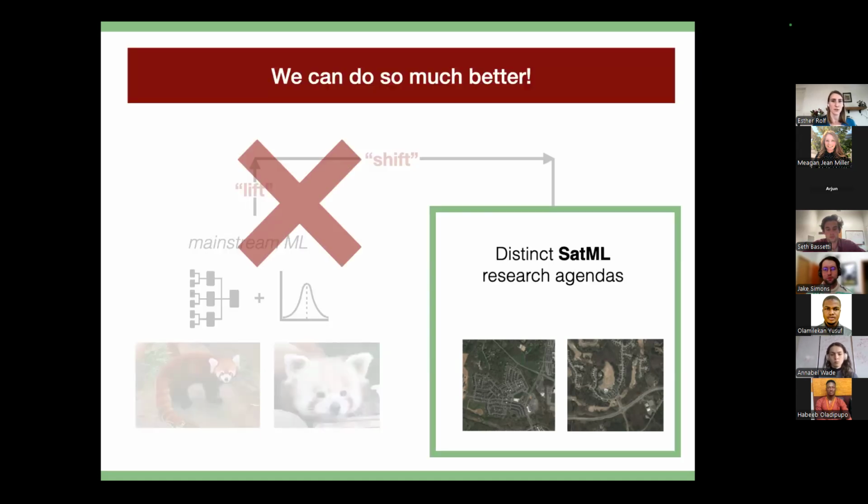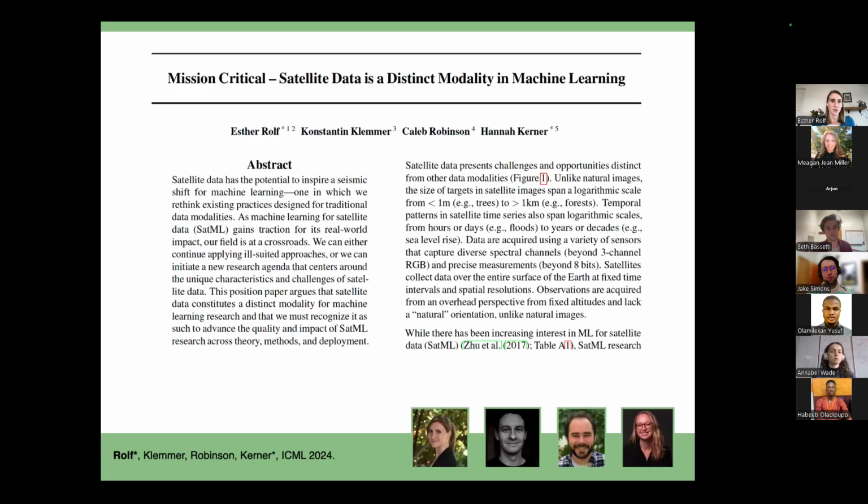The idea behind the research we do in the lab is to really question this paradigm, because we can do so much better if we design these models specifically for the characteristics of satellite data. So if this is something that's exciting to you, I would encourage you to read our recent paper from ICML this summer, which really is all about, to the machine learning community, why you need to be thinking differently about satellite imagery versus some of these other image modalities.